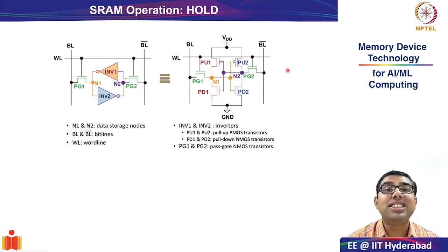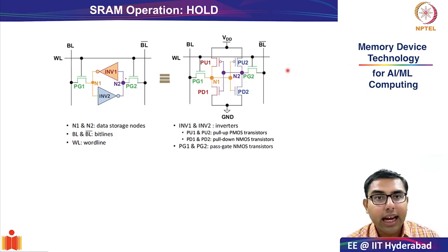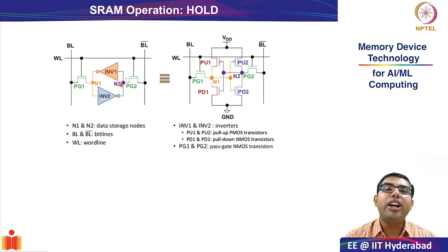And with this, we are transitioning to the different operational conditions of the SRAM cell. And the simplest operation condition is that of hold. In hold condition, whatever the stable values on N1 and N2 are, you just want to hold it or you want to protect it.